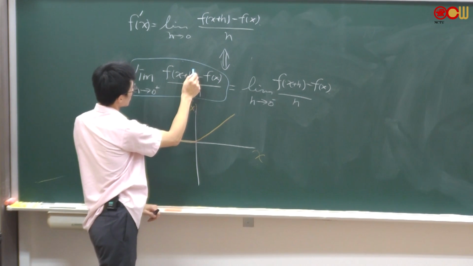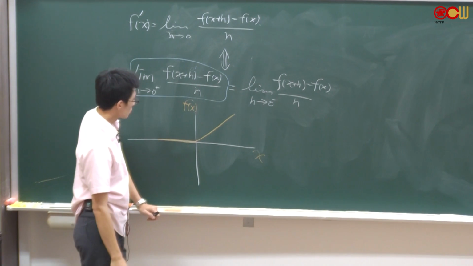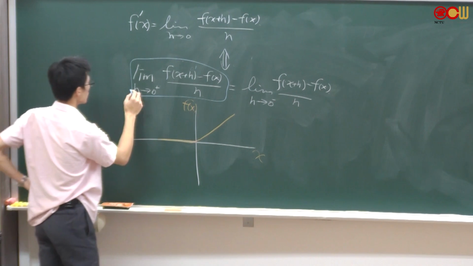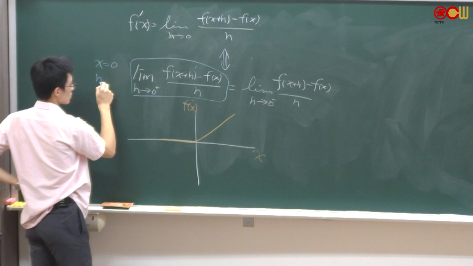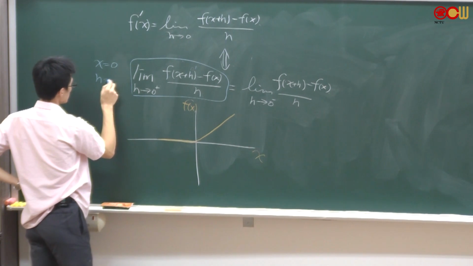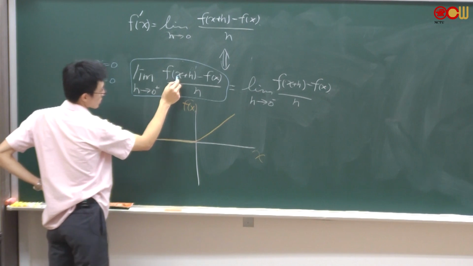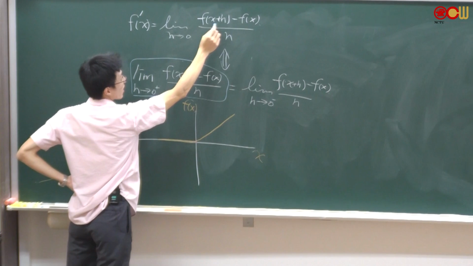Assume that we use x equal to 0, h is 0. Okay, h is 0, x is 0, x is 0, h is 0.